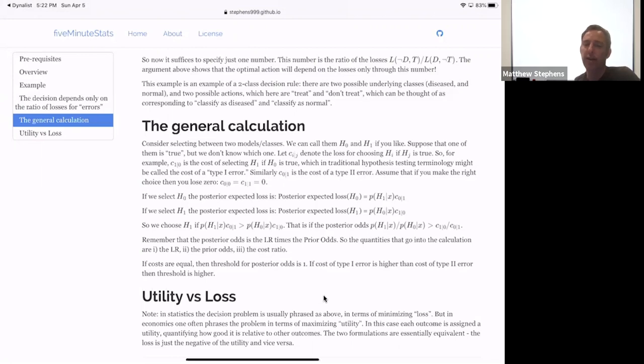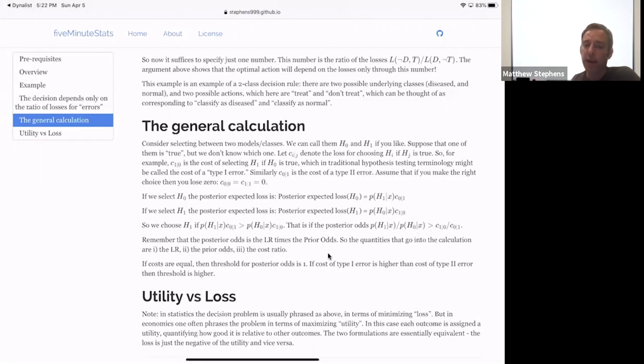It doesn't really matter here. The H0, H1 notation suggests a hypothesis testing kind of setting where there's a natural null, but it doesn't have to be the case. If you want to think about it as a particular example that's helpful to you, then think about it that way. If you prefer the model-based approach without thinking about a null, you can think about it that way. The basic idea is there are two types of mistake you can make. One is that you can choose 0 when 1 is true, and the other is you can choose 1 when 0 is true. Okay, so that's what these two costs are.